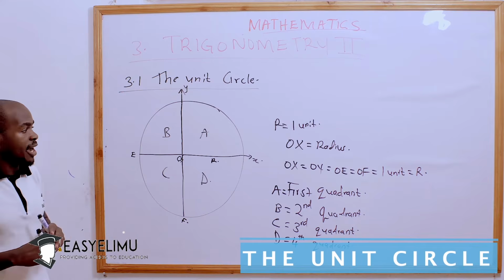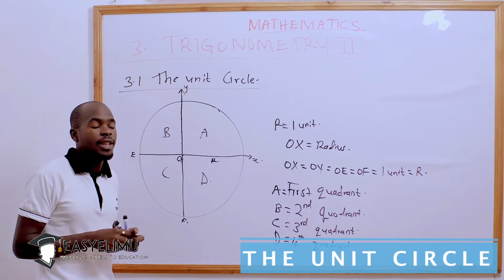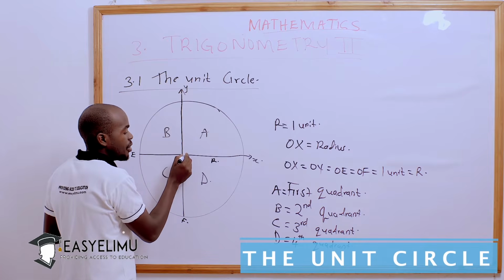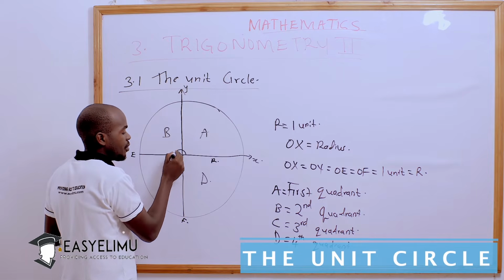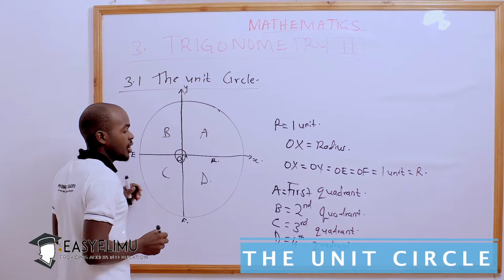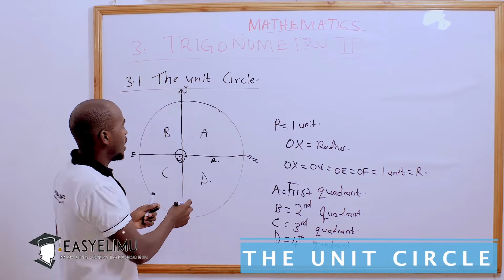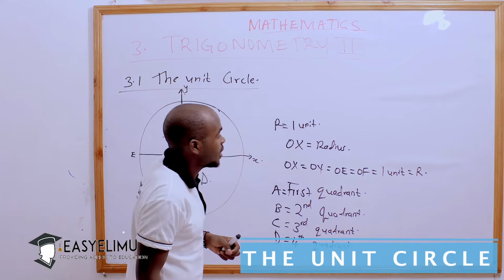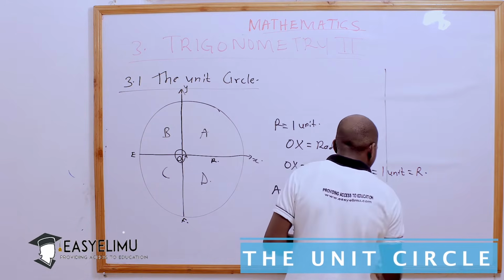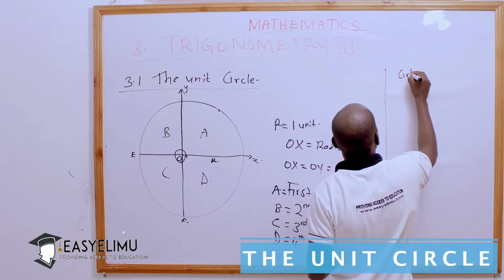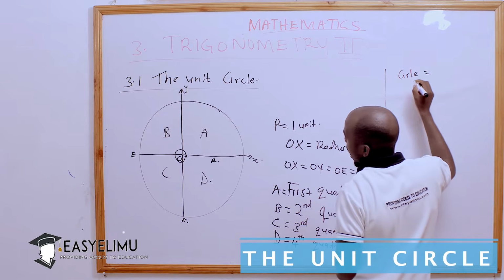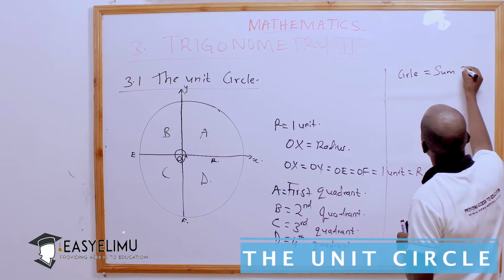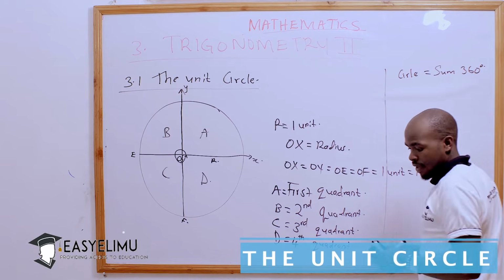This being a unit circle, if you measure the angle around this point, for example, if you start at this point and then you rotate up to the same point, you will find that the angles will measure up to 360 degrees. Meaning all the angles in a circle will sum up to 360 degrees.